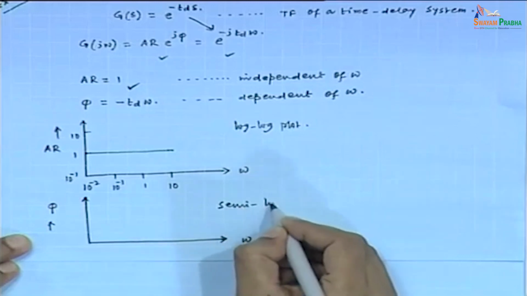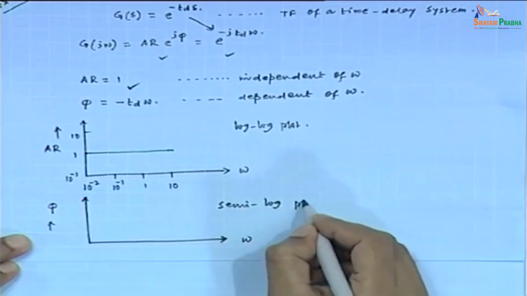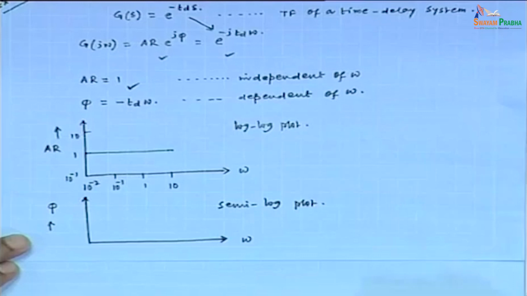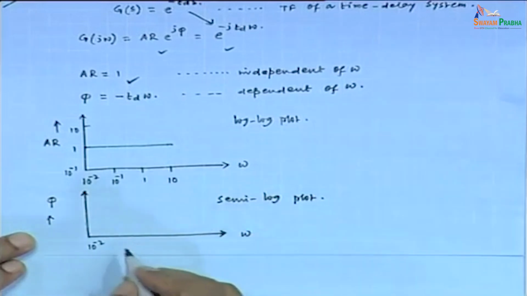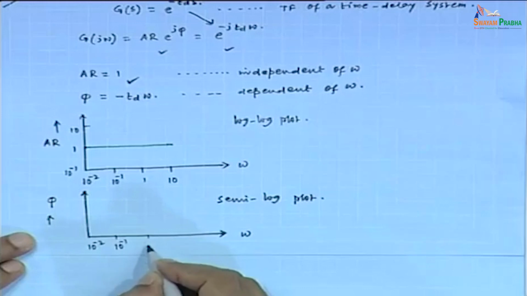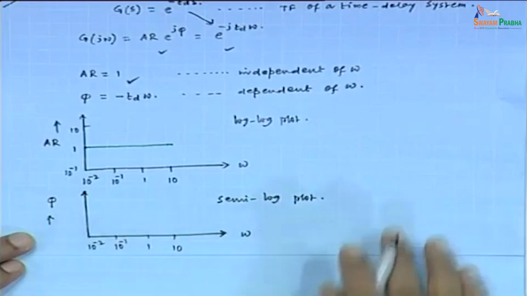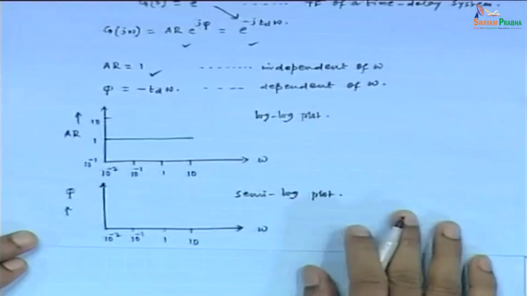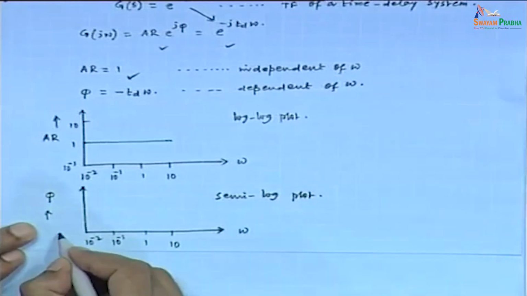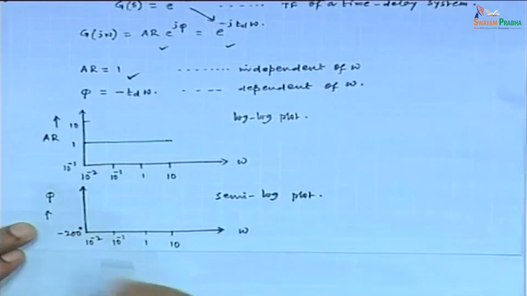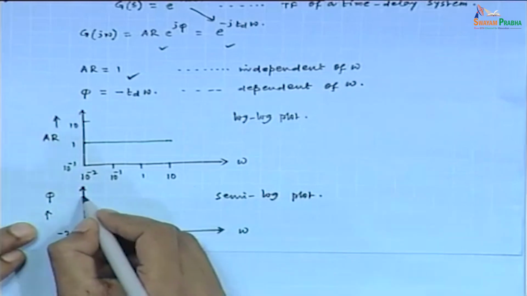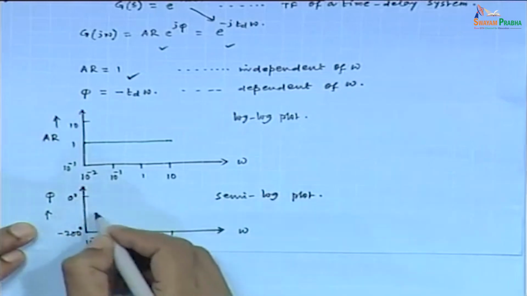As usual, this is the semi-log plot. And for the phi we consider from minus 200 degree to say 0 degree.